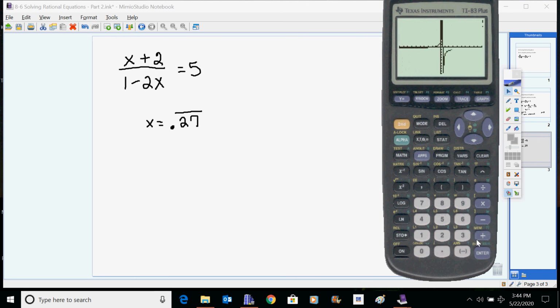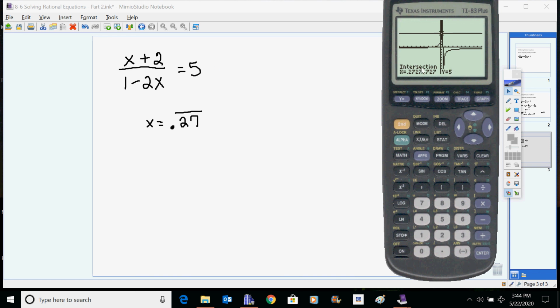And when you do that, we start to see a strange looking graph. We want to do second calc, intersect, enter, first curve, second curve, guess, and our intersection, remember y has to equal 5.